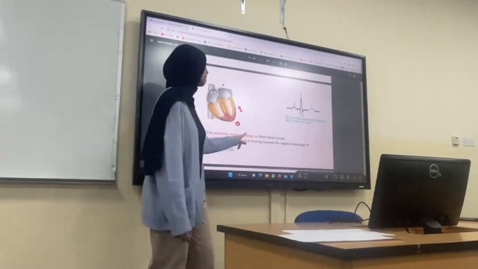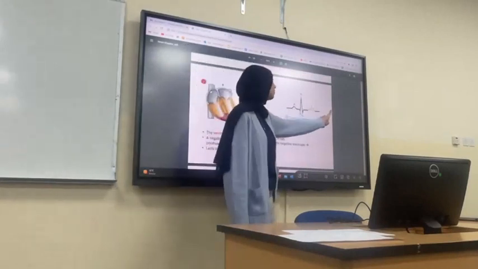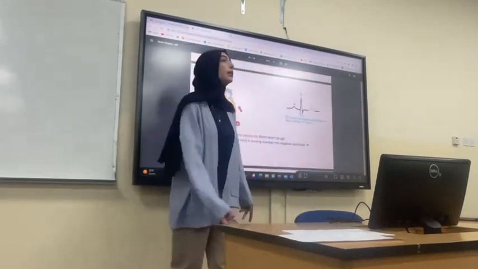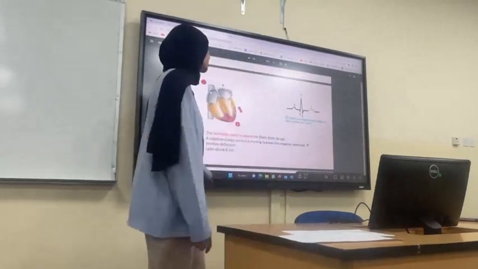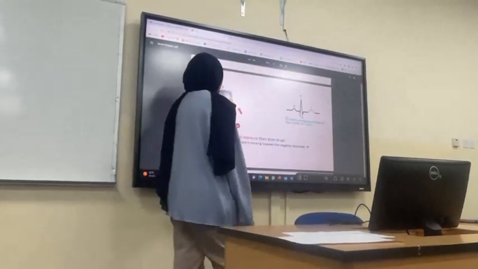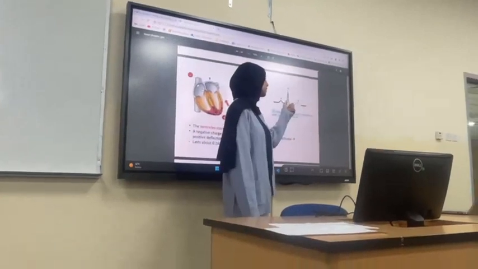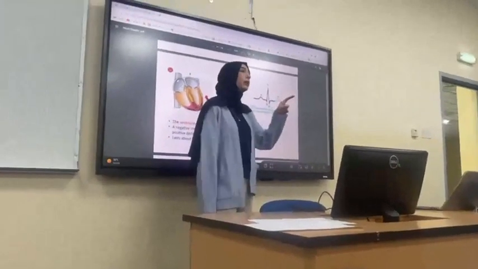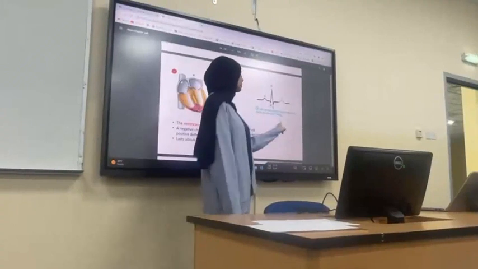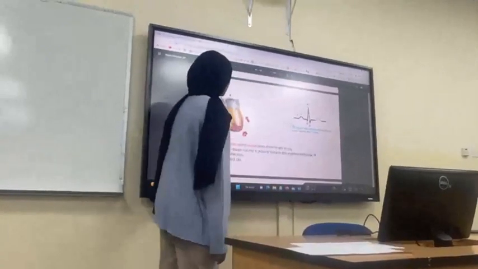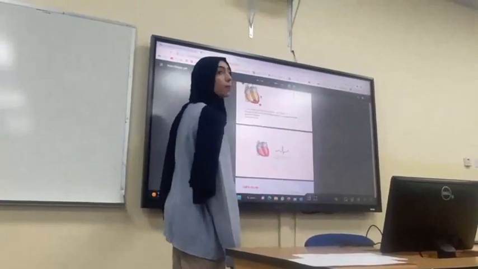Now we have the T wave, which shows the ventricular repolarization. Atrial repolarization, as we said, is hidden, but the ventricular repolarization is not hidden. It's over here. Should we know the location?